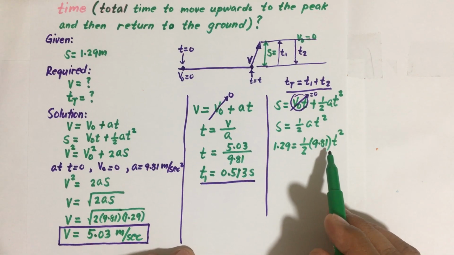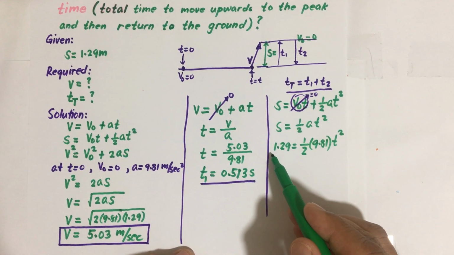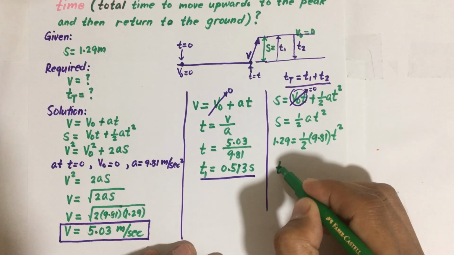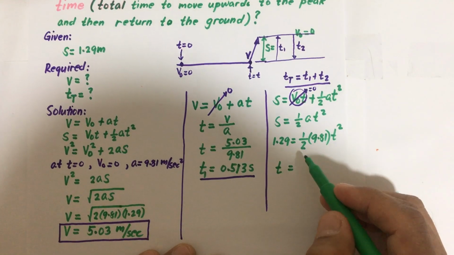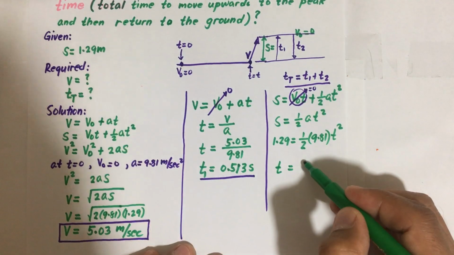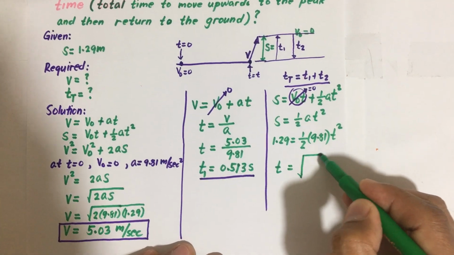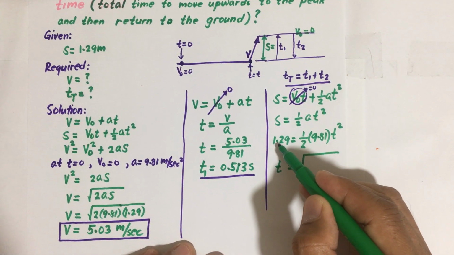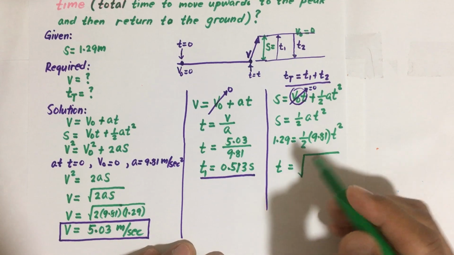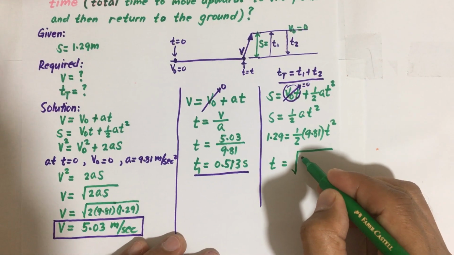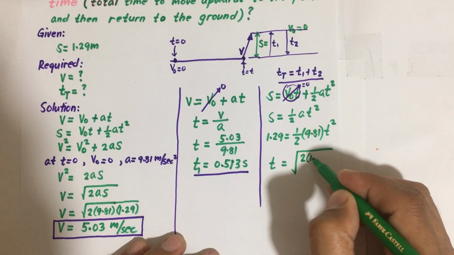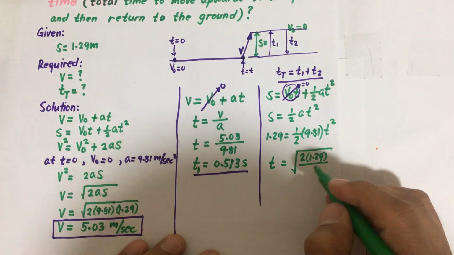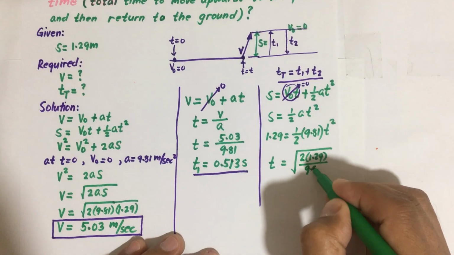Manipulating this, you cross multiply 2, then divide both sides by 9.81, then take the square root on both sides. So we have t equal to the square root of 2 times 1.29 divided by 9.81.